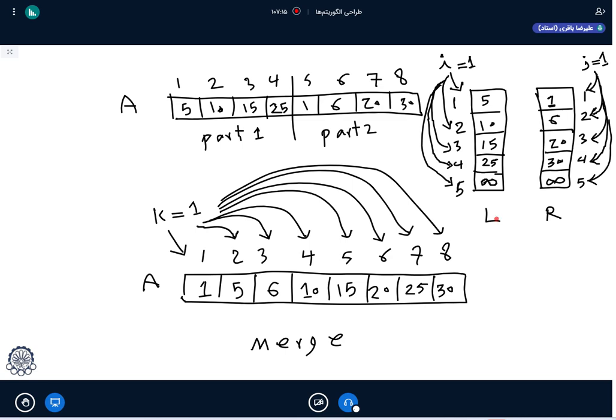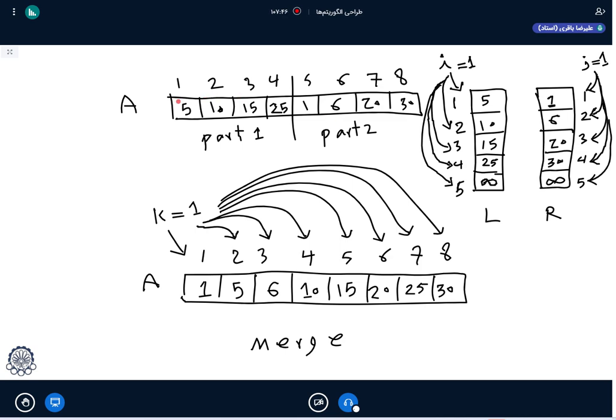Here, when we are going to merge these two parts, we use the value of infinity. In computer, we do not have an infinity value. So what do I mean by infinity here? By infinity here, we mean the biggest number that we can define.